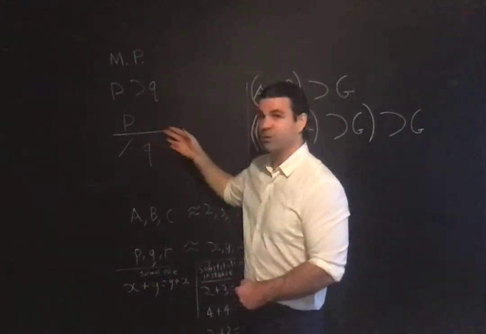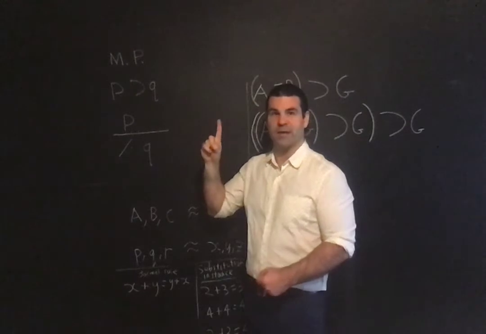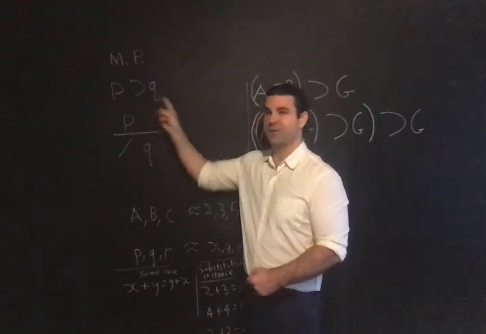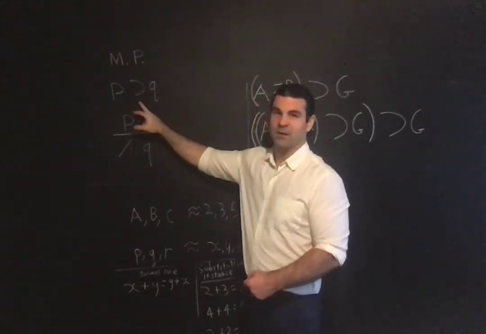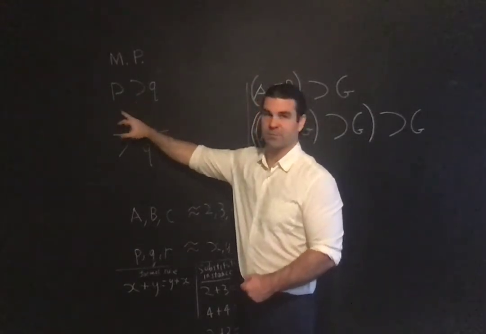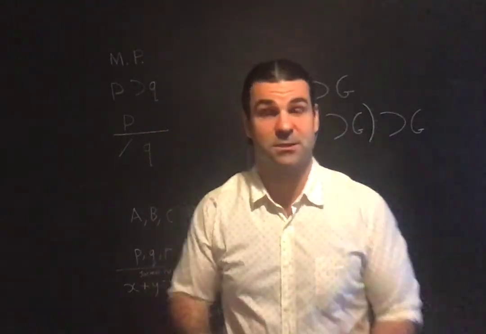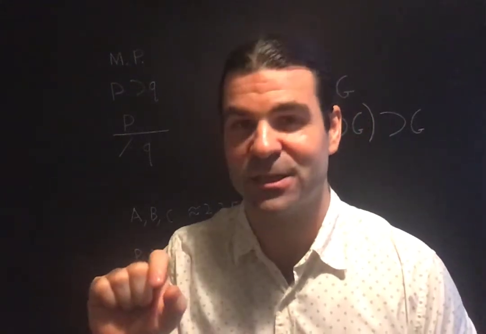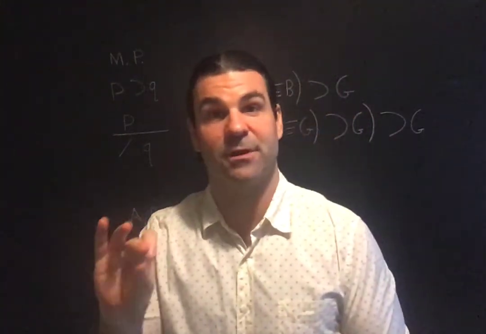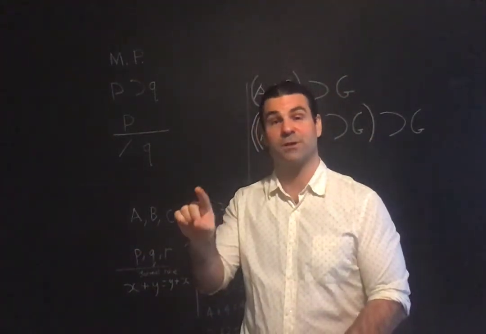Read this rule not merely as telling you that if I'm given P then Q, and I'm given P, I can infer Q. You have to say it like this: given any conditional, and given the antecedent of the conditional, I'm entitled to infer the consequent of the conditional, right?